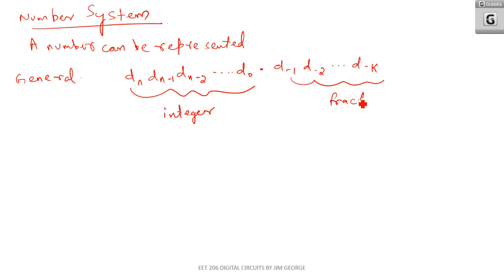The point which differentiates between this integer and decimal part or fractional part is known as radix point. The extreme left number is known as most significant digit, and the rightmost one is known as least significant digit.